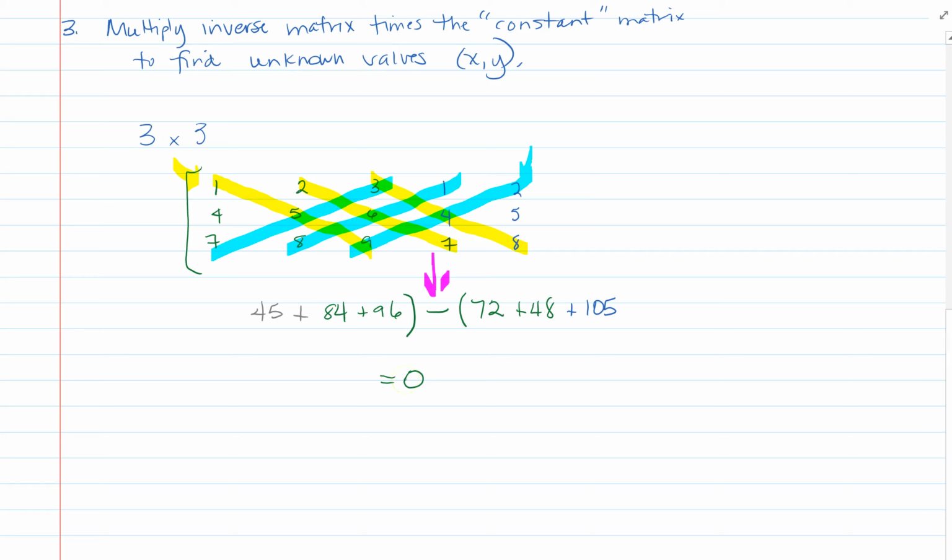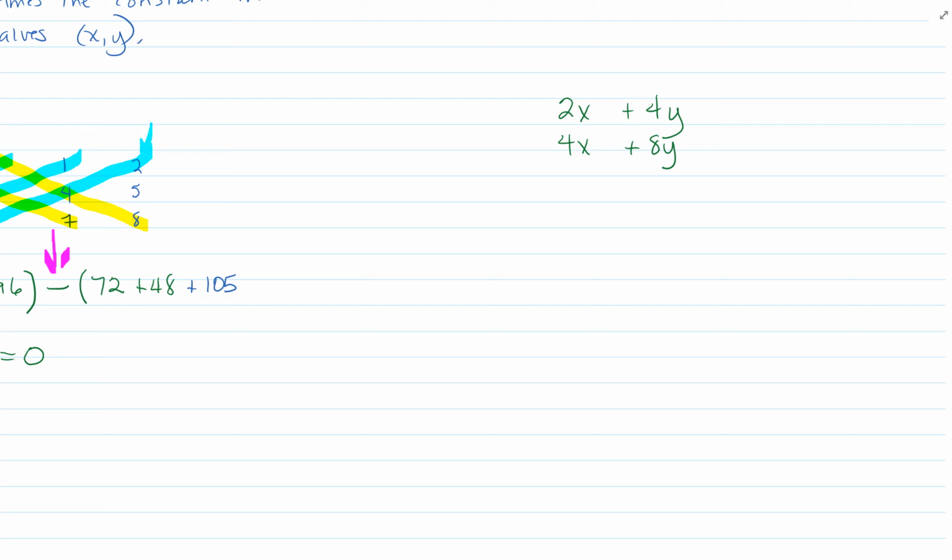When you get 0, you always want a non-singular matrix. Non-singular means it's a regular matrix. When you get 0, it means you have the same equation. Let me show you. Let's say you have the expression 2x plus 4y.